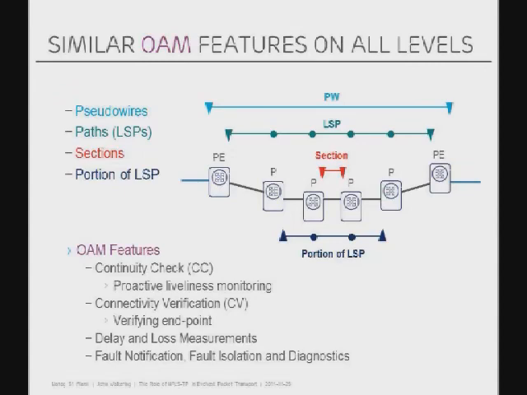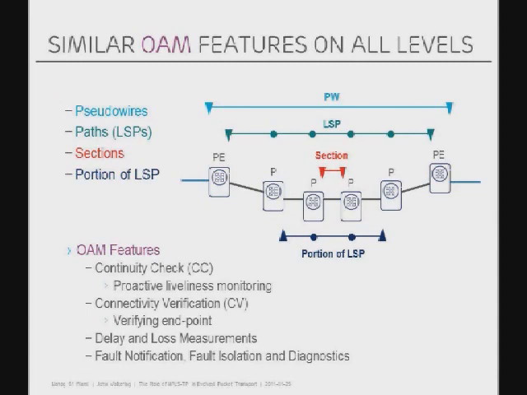And it even can be applied to a section, and a section is nothing else than a link between two routers. Yeah? So the features that we can run over the OAM are clearly the continuity check capability. The continuity check capability is being used for triggering the restoration if a failure is detected.